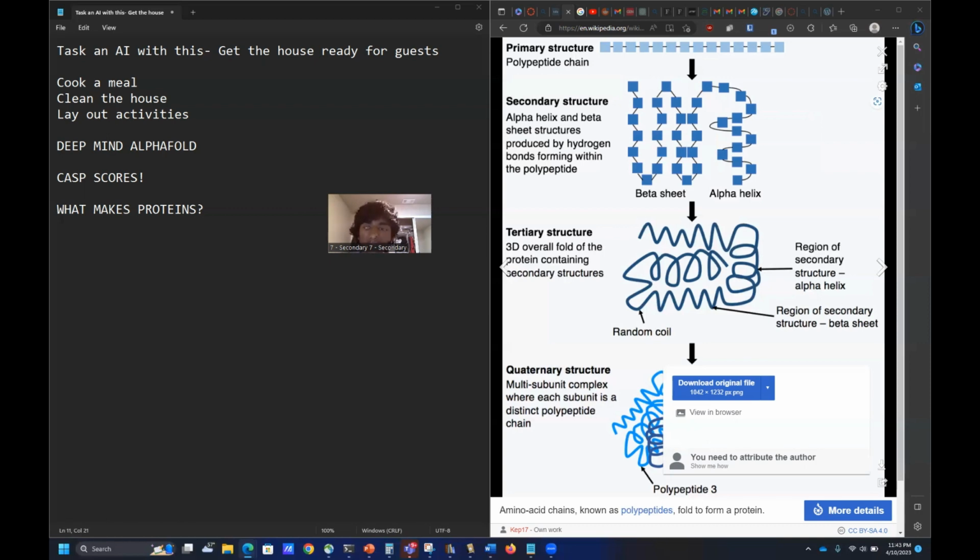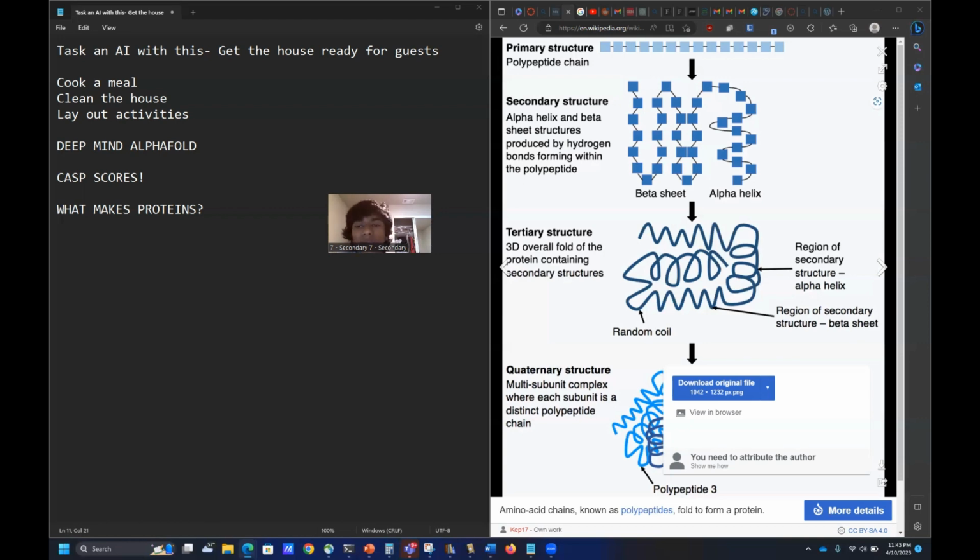Primary structure consists of amino acids linked together in a polypeptide chain, and those amino acids are usually linked together in three-letter segments to code for it, and we call those codons.